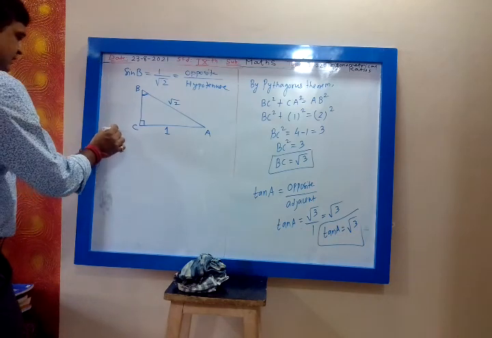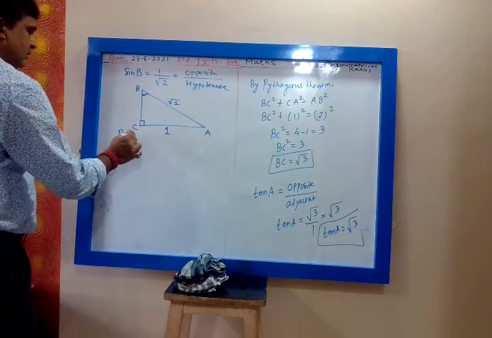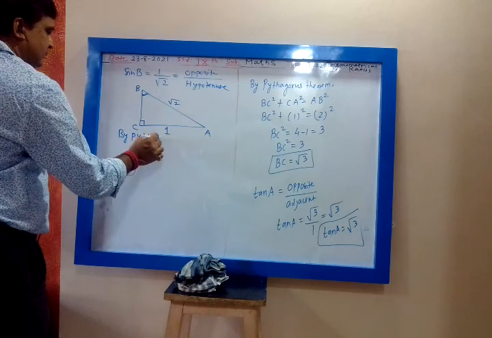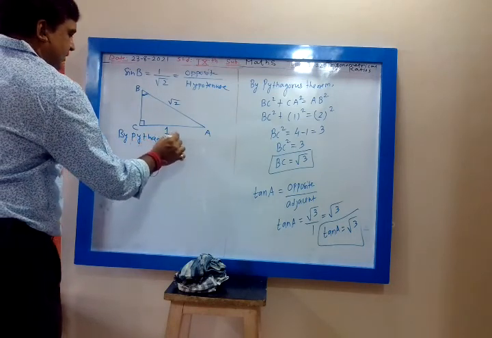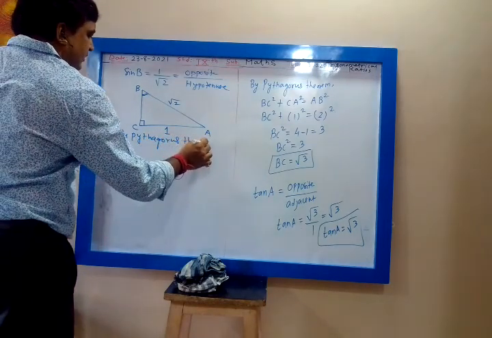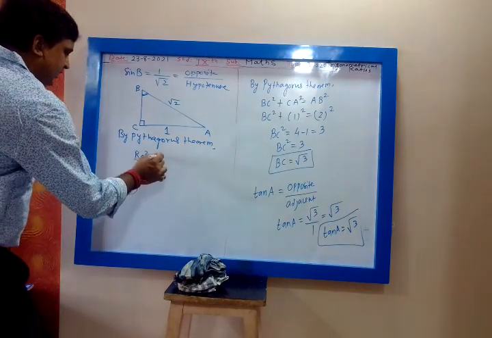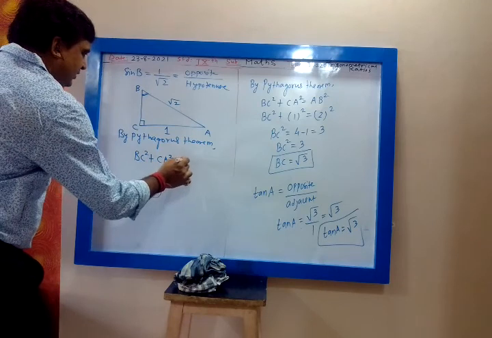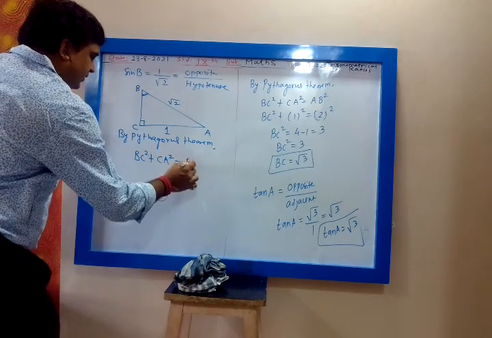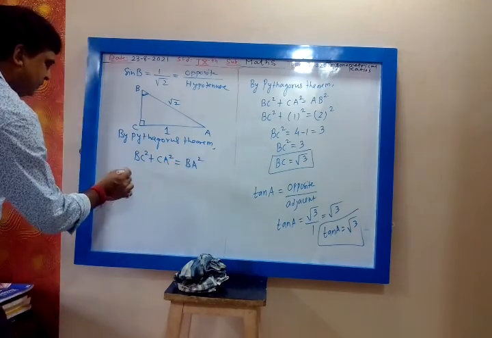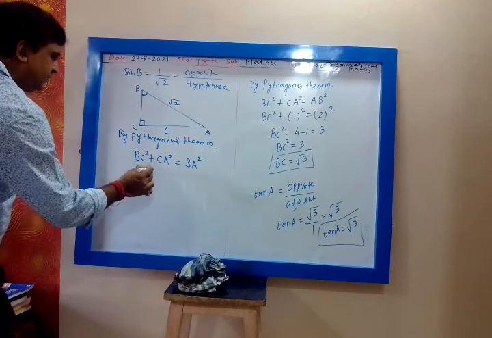So by Pythagoras theorem, you will get BC square plus CA square is equal to BA square. So BC square we have to find.